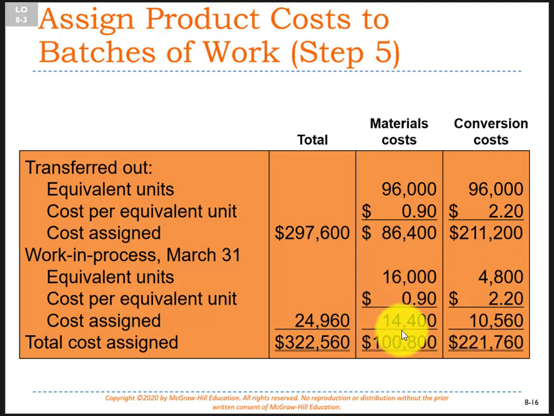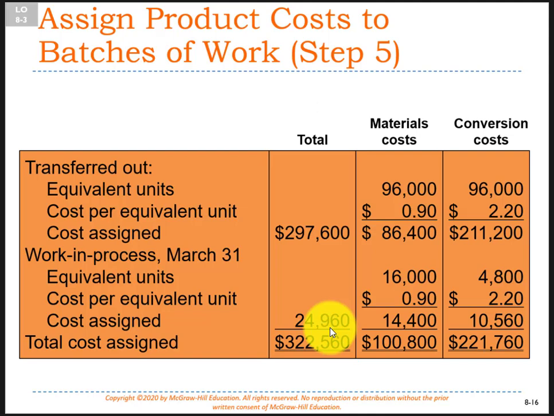Cost for materials in work in process, $14,400, $10,560 for conversion costs. Total that should be in our work in process T account at the end of March is $24,960.